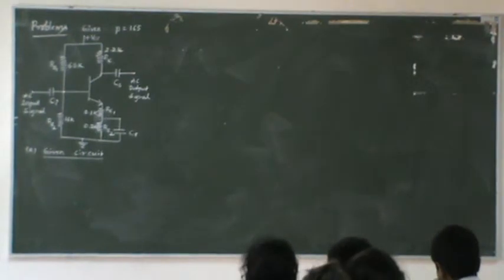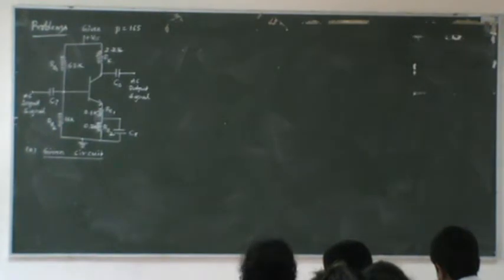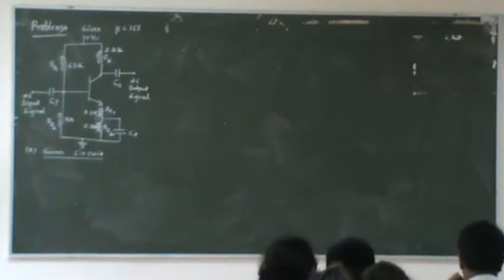RB1 is 68 kilo, RB2 is 16 kilo, RC is 2.2 kilo, RE1 is 0.1 kilo, RE2 is 0.7 kilo.